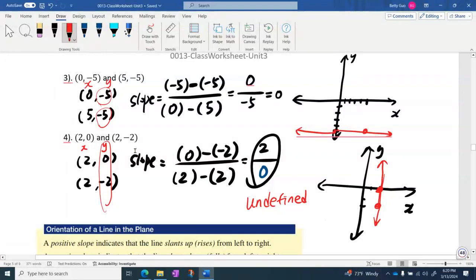One thing I want to point out, a common mistake, is about the horizontal straight line. The slope of a horizontal line exists. A horizontal straight line does have a slope; it's just that the value of the slope is 0. Slope equals 0 doesn't mean it does not have a slope.